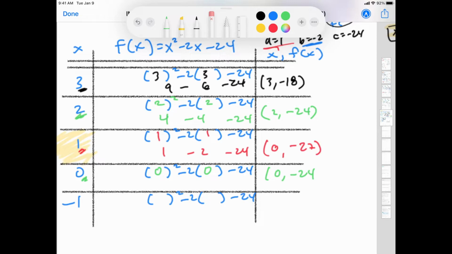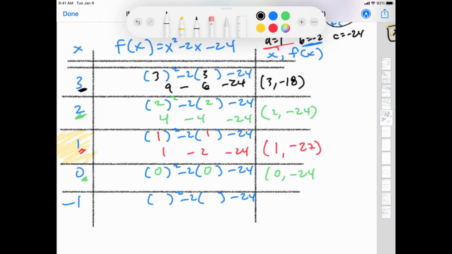This one is 1. Because you can see what's happening is it looks like the coordinates 1, negative 27 look like more of a minimum, like the lowest number. That makes sense. But we can put it in our graphing calculator and see.